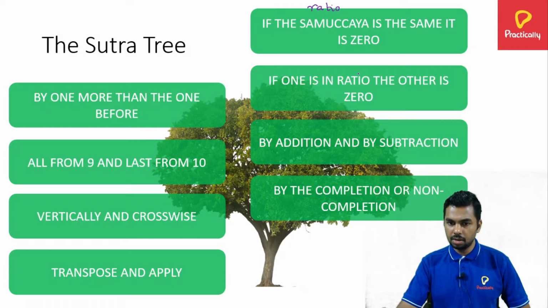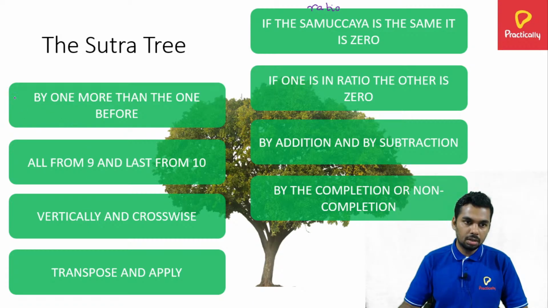Almost 7 or 8 are of the same meaning, but depending on the context, you will apply either 7 or 8. We will come to the examples maybe in a future class. For today, I will just discuss examples for sutra number 1, sutra number 2 and sutra number 3.